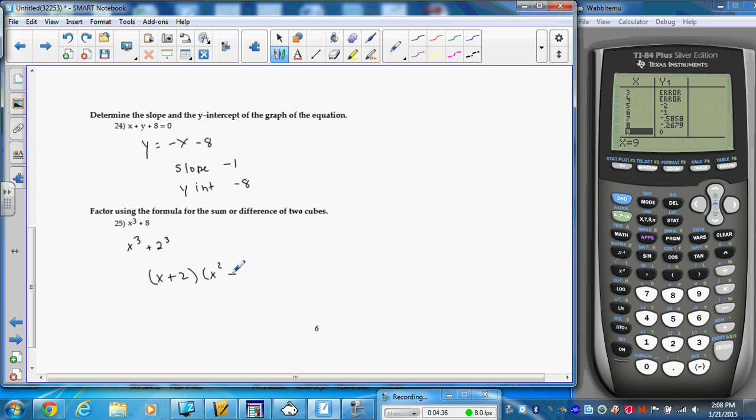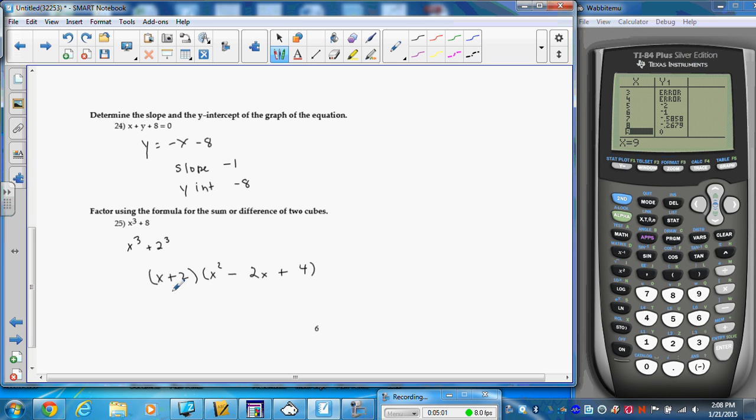So same, opposite, always positive. So you have to remember that this is a plus, and so we have to think about this being 2x and this being 4 because this is b squared. So same, opposite, always positive.